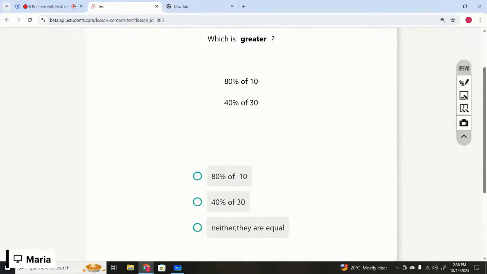Which is greater, 80% of 10 and 40% of 30? 40% of 30 is greater. Option number 2 is the correct option.